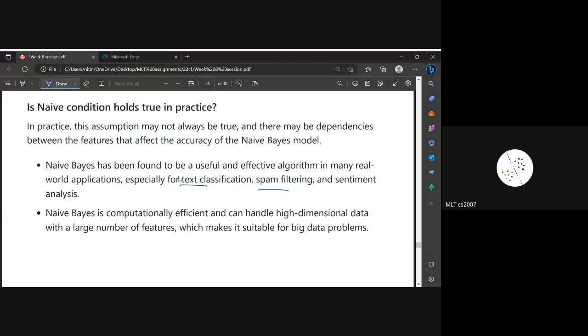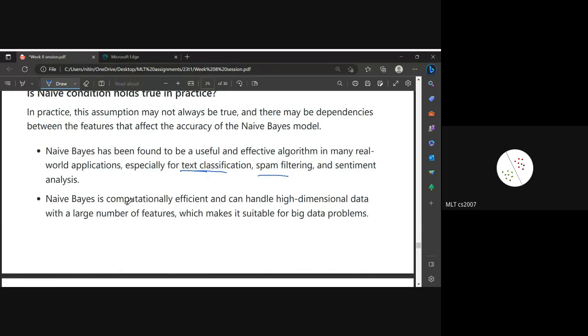It's very efficient and handy where the dimension of the feature space is very high, as in text classification. In such cases naive Bayes is easier than other algorithms. Spam filtering and text classification are the standard examples where the naive Bayes algorithm is used.